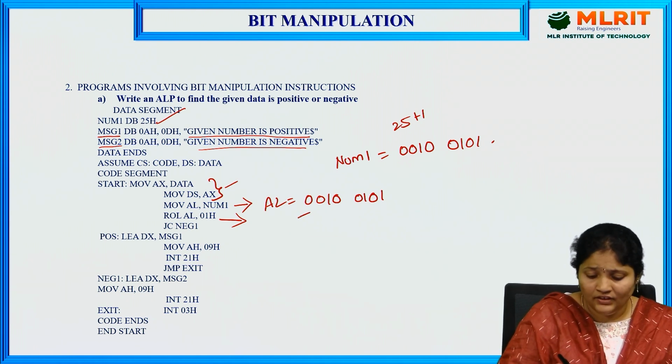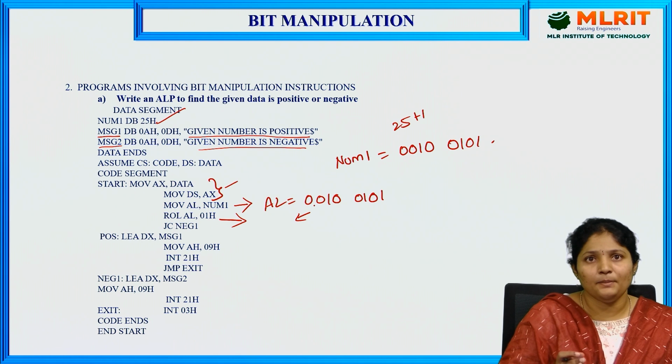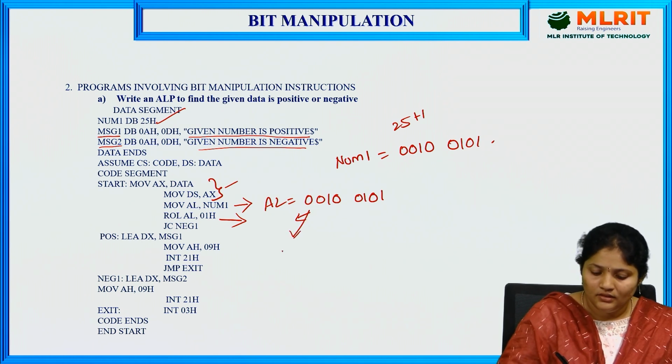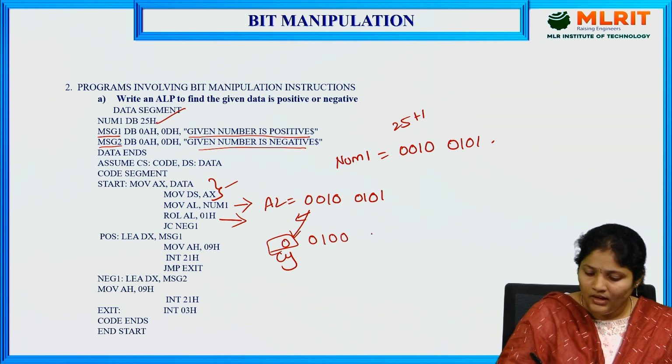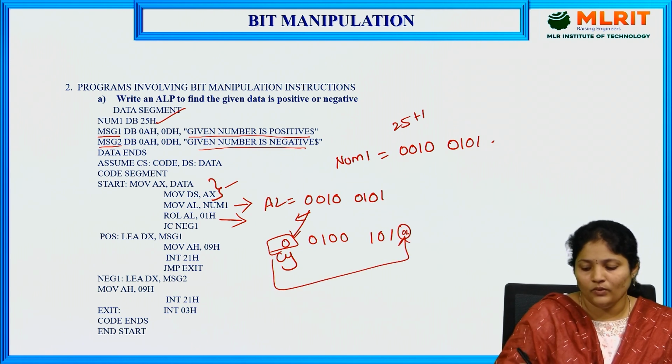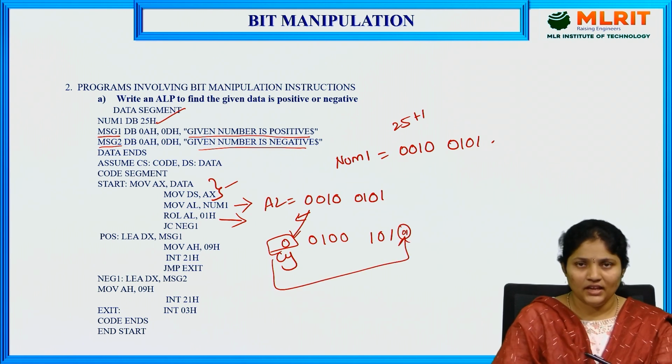If we shift this number to the left, the bits will move like this: the most significant bit moves to the carry, and the number becomes 0 1 0 0 1 0 1. The previous carry will be affected here, depending upon the previous carry digit.